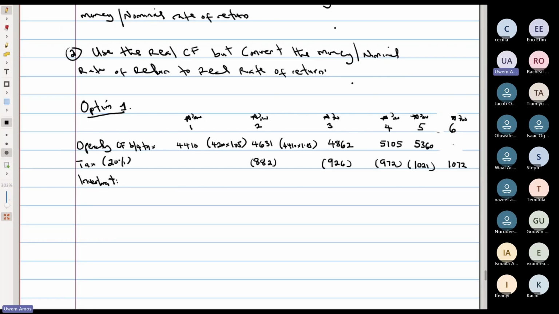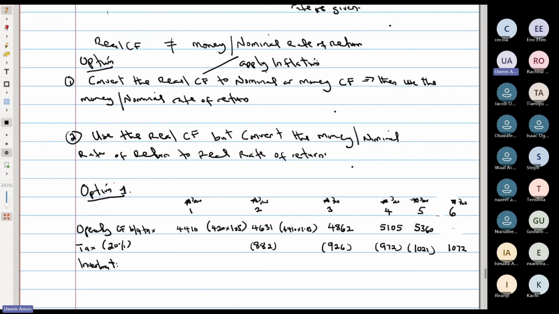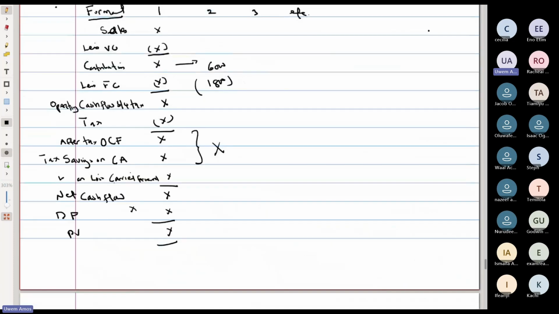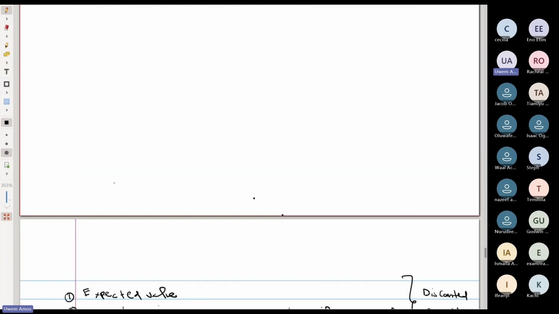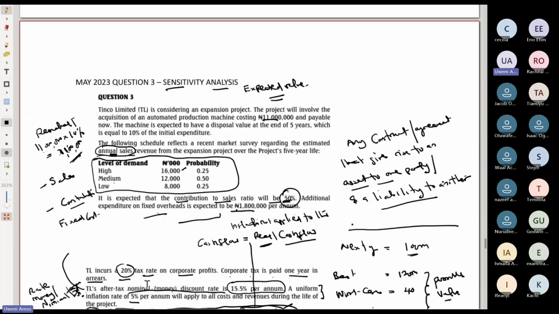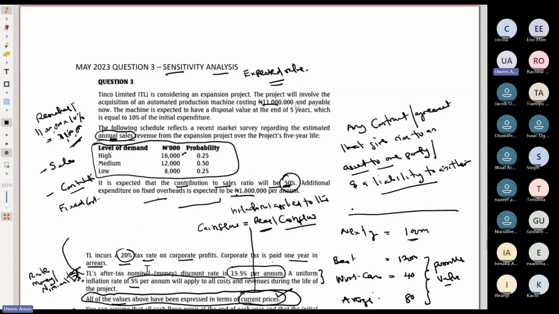Okay. Let's get right to our investment. So how much are we investing in this project to set up the project? How much does it take to set it up? In the very first paragraph, it says that the project will involve the acquisition of an automated production machine costing 11 million and payable now.